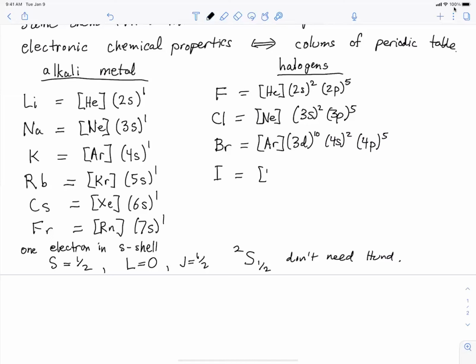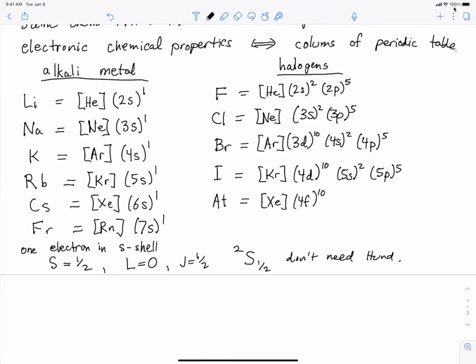Iodine is krypton plus 4d10 and 5s2 and 5p with 5 electrons. And astatine is xenon. We just fill in everything until we get to a 6p5, which looks like this: 5d10, 6s2, and then finally the 6p5.